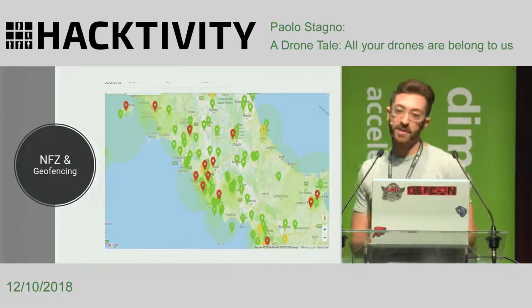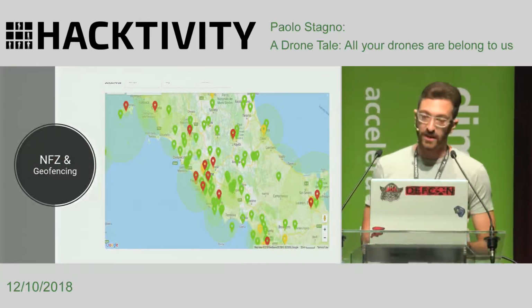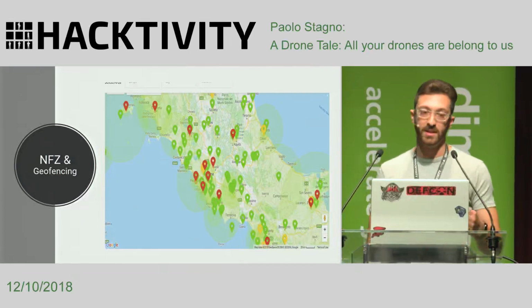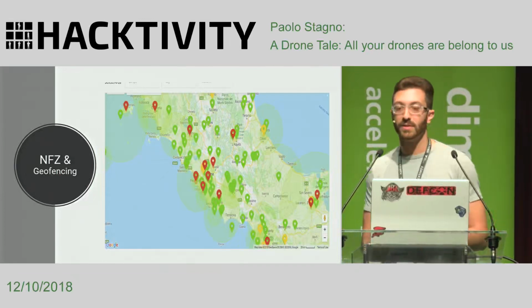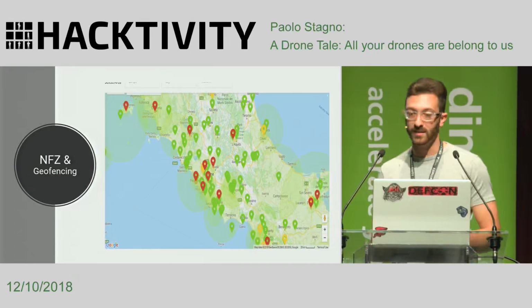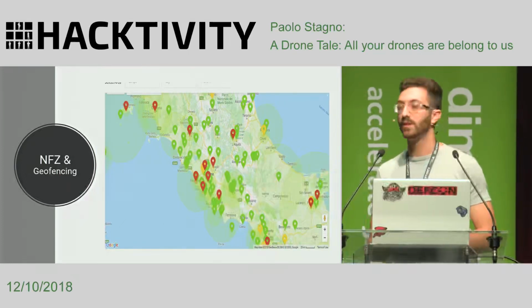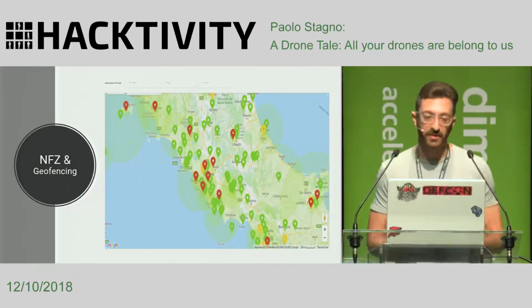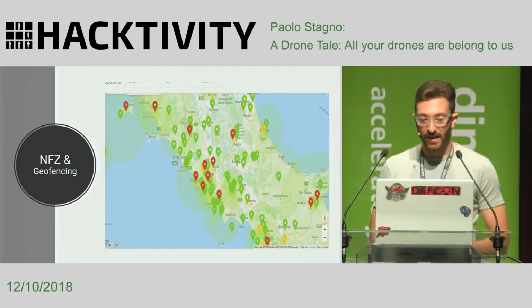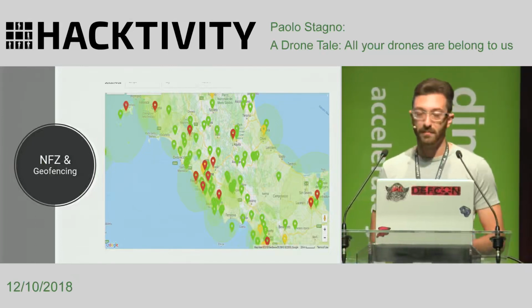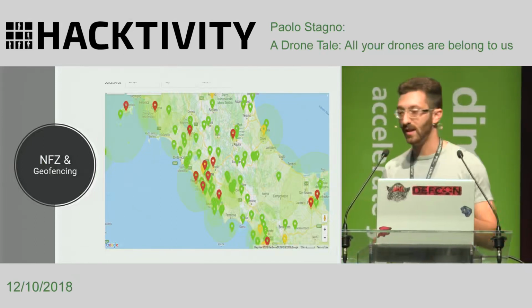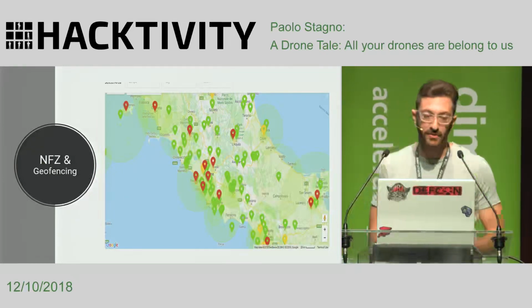Specifically, DJI also makes available a map where you can see, country by country, the list of no-fly zones in the area. And there are actually four different types of no-fly zone, but I will only mention three of them because the fourth is basically just a variation of one of them.